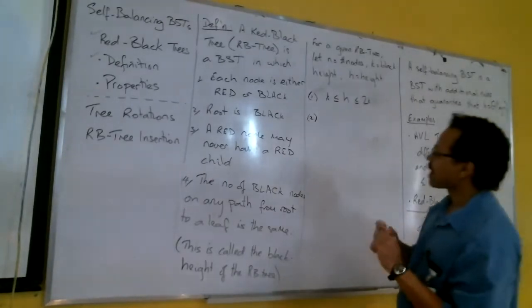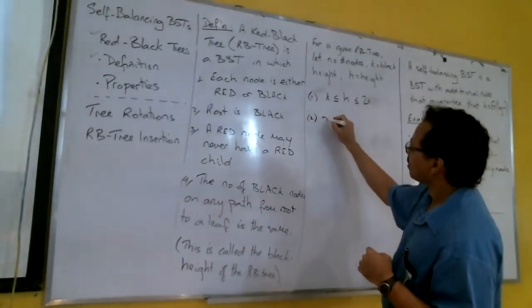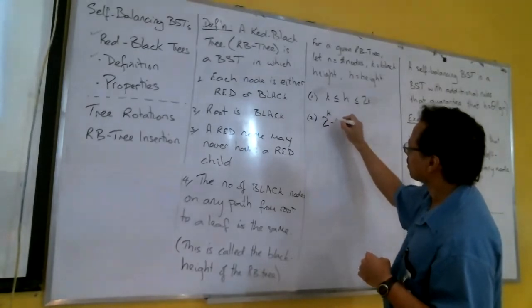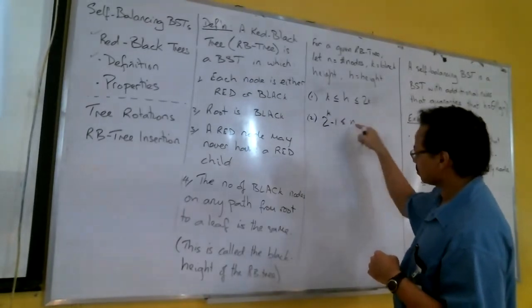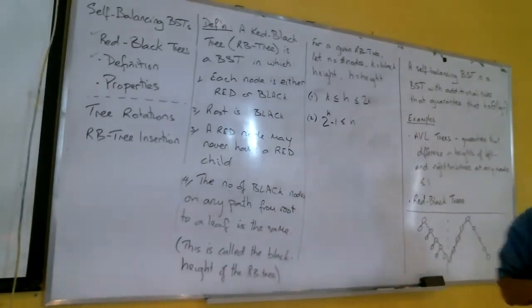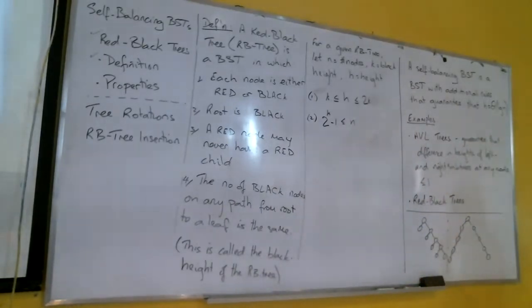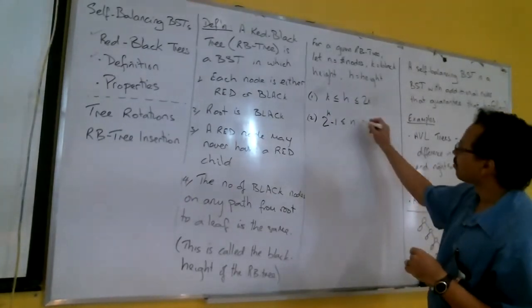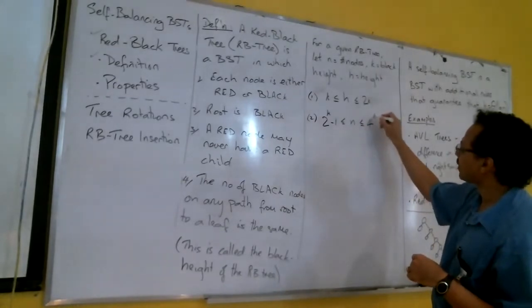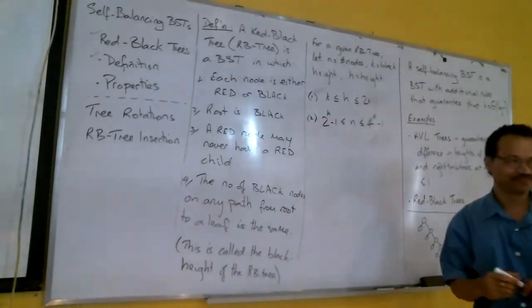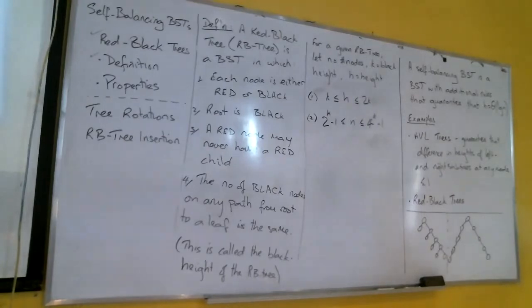Now it turns out that n must be at least 2 to the k minus 1. And it can't be more than 4 to the k minus 1. Now I'm going to show you why one side of that is true, and I'm going to leave the other side for you to do in tutorial.